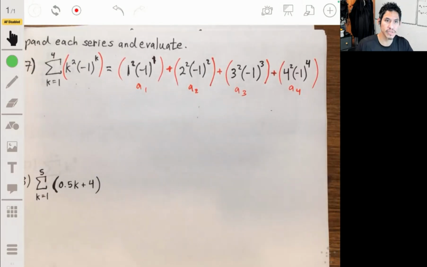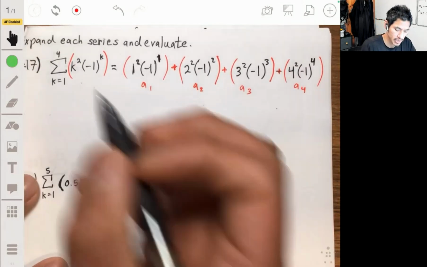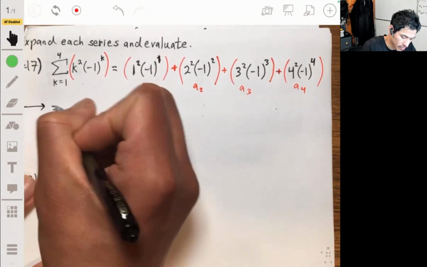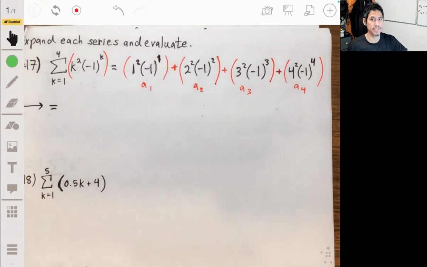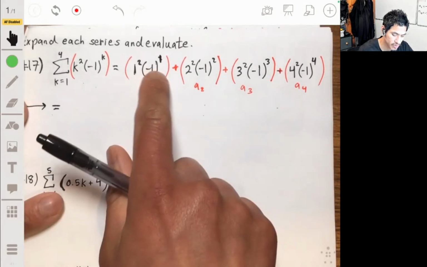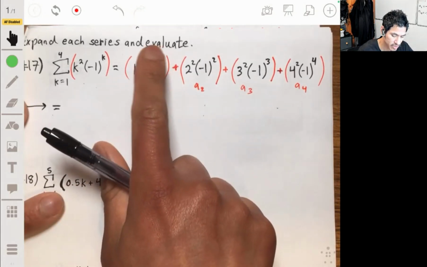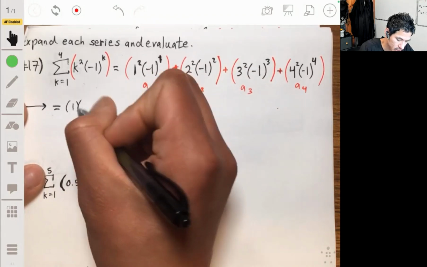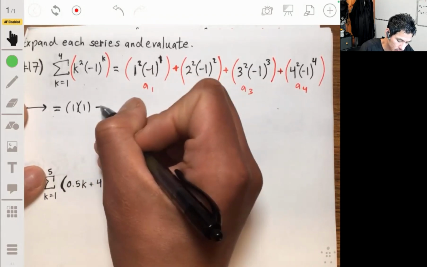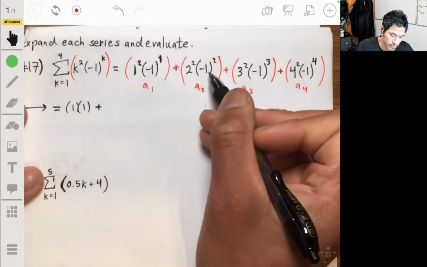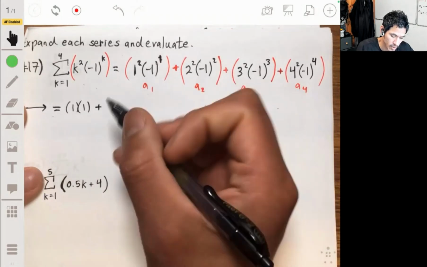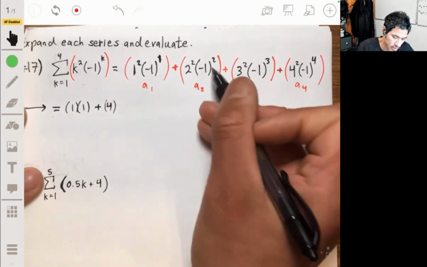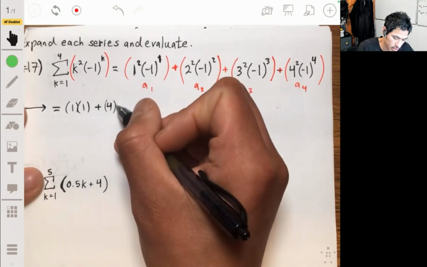And the rest hopefully should just be a review of your algebra and order of operations. So then we do -1 to the 1, which is -1, times 1 squared. So 1 times -1 is -1. For a2, 2 squared, 4, times -1 squared, which is 1.